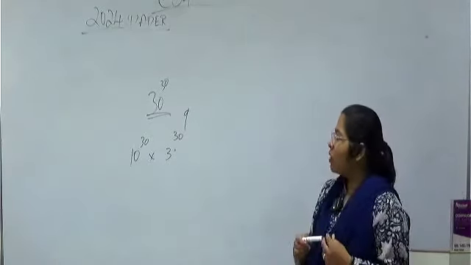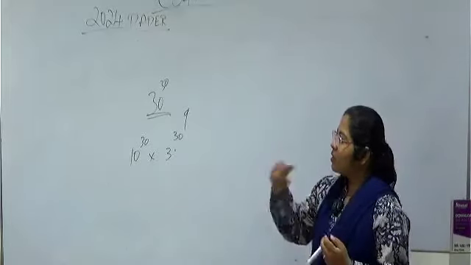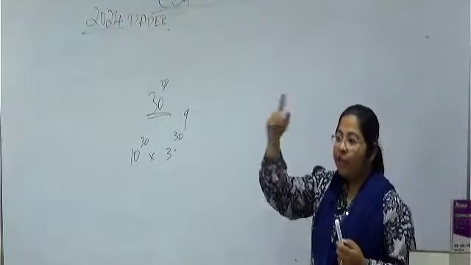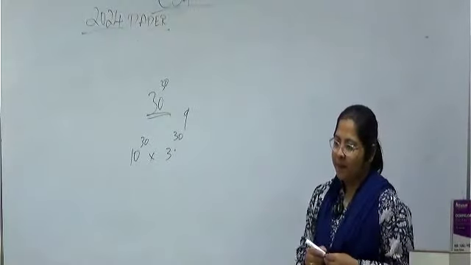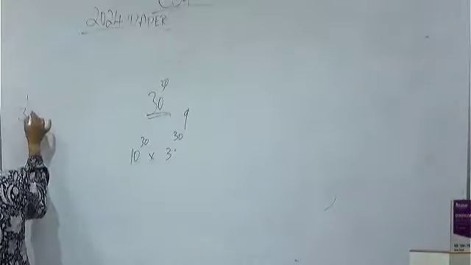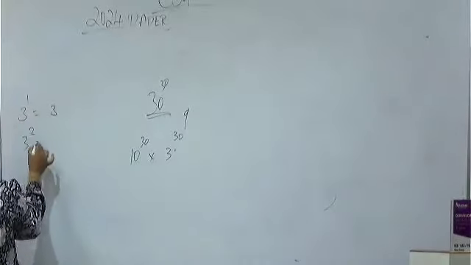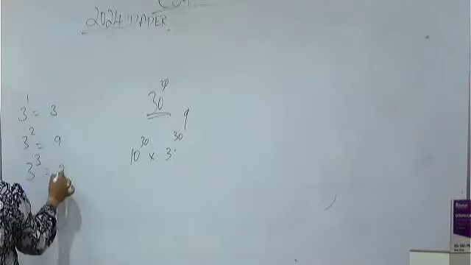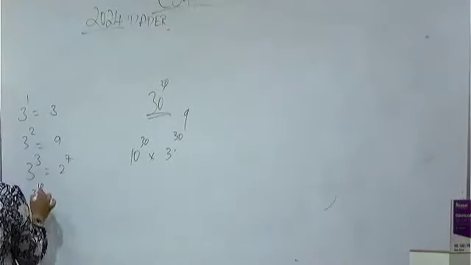For this you need to know the cycle. We did it: 2 to the power of 1, 2 to the power of 2, 4. After which cycle does the number repeat? After 4 numbers. You know what? 3 to the power of 1 is what? 3. 3 to the power of 2 is what? 9. 3 to the power of 3 is what? 27. 3 to the power of 4 is what?